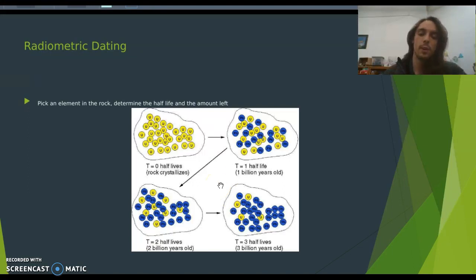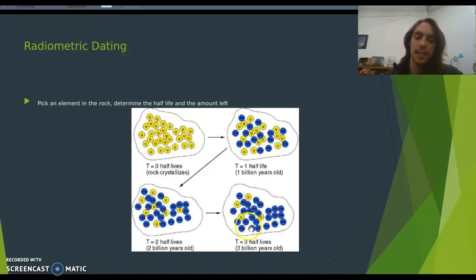So here we go. We've got a rock. We've found the element that we want to survey, we want to look at with a microscope. So we found uranium. Okay, so we're going to look at this uranium, say right here. We look at the uranium in this rock and we notice that there's about 12.5% of uranium compared to lead.